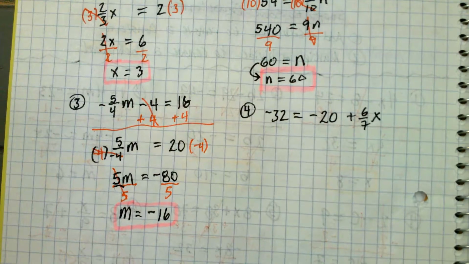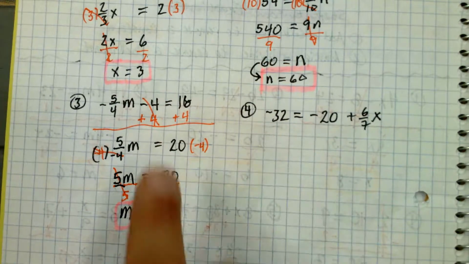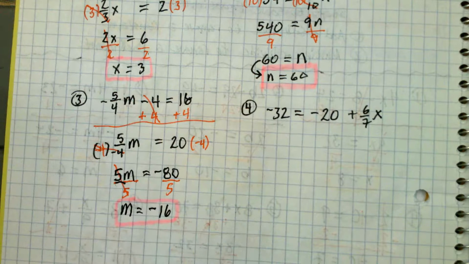Return to x here. Negative 32 equals negative 20 plus 6/7 times x. All right. So do you see all we did was take this equation and rotate it so the variable's on the right side? Some people actually like to flip it because they want the variable on the left. It's up to you. I'm okay with that.